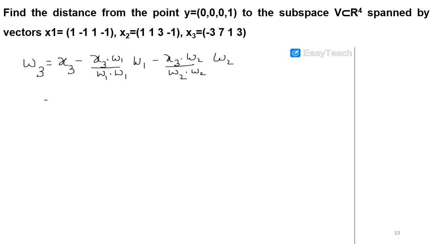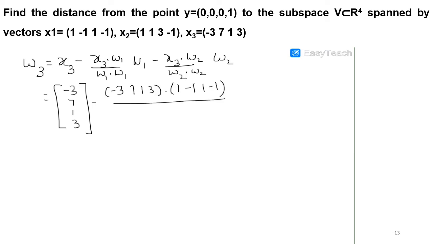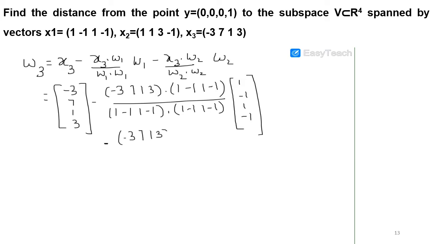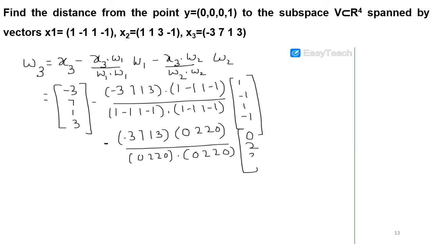So we substitute the values. We have minus 3, 7, 1, 3 minus, x3 is given by minus 3, 7, 1, 3, dot product with 1, minus 1, 1, minus 1 divided by 1, minus 1, 1, minus 1 dot product 1, minus 1, 1, minus 1, multiplied by 1, minus 1, 1, minus 1, minus, x3 dot W2, where W2 is given by 0, 2, 2, 0 divided by 0, 2, 2, 0 dot 0, 2, 2, 0 multiplied by 0, 2, 2, 0.